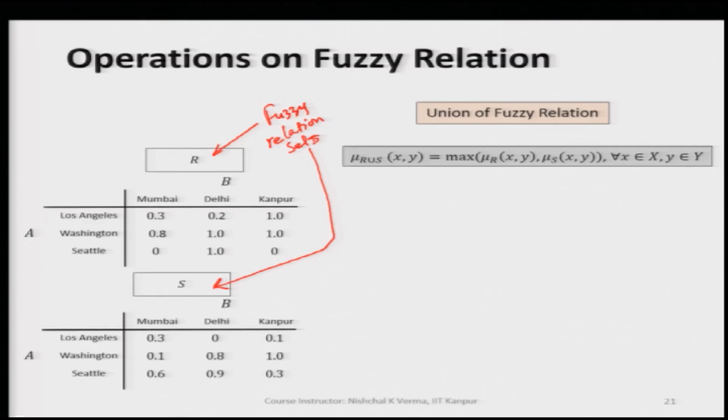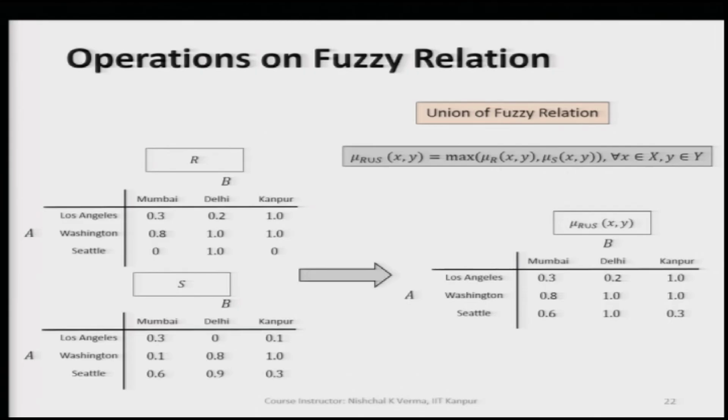Now, please recall how we can find the union of these two fuzzy relation sets. If we recall, we have a fuzzy relation set which is the union of the two, R and S, and the membership values we represent by mu T of x comma y. So, this way we represent, and when we are taking the union here.